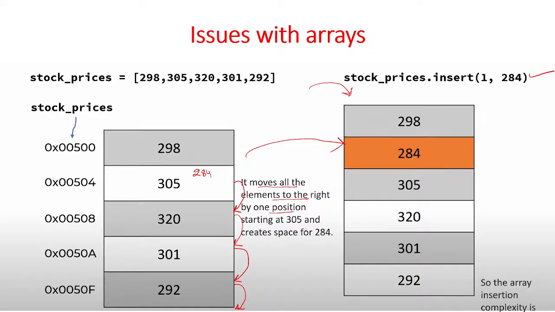Here, if you see the complexity of inserting an element into the array, it is moving approximately n elements one position to the right. That means it is traversing all the n elements once. So that's why for inserting one element, the complexity becomes order of n.